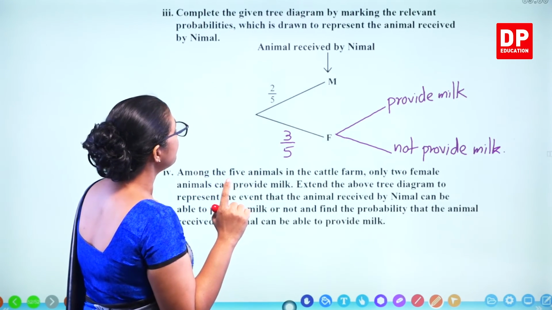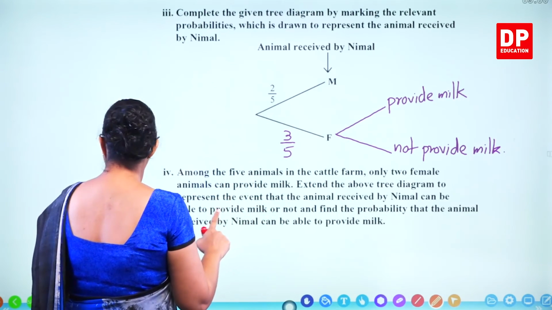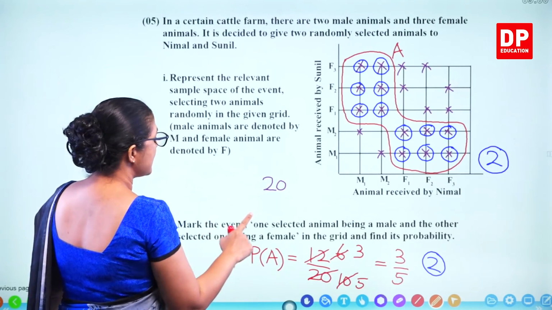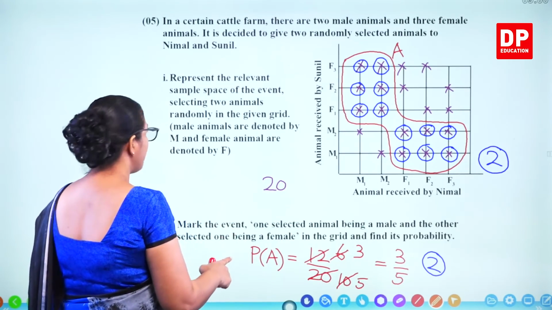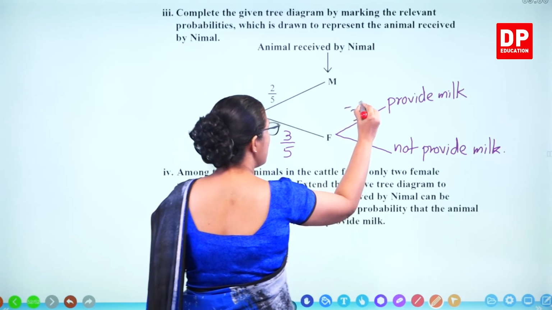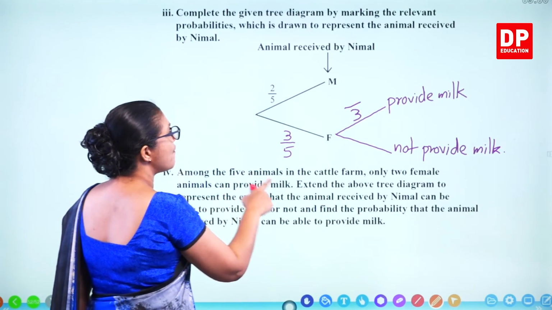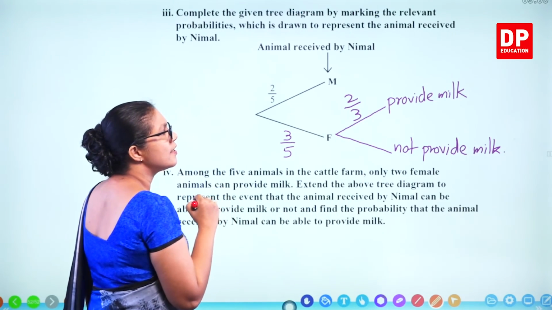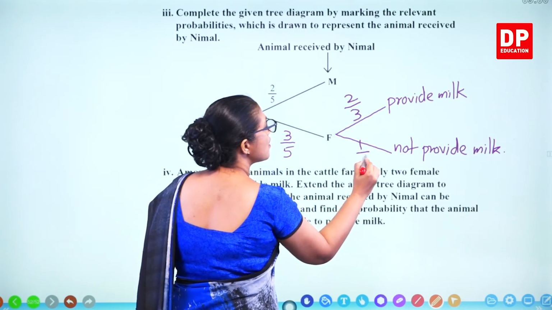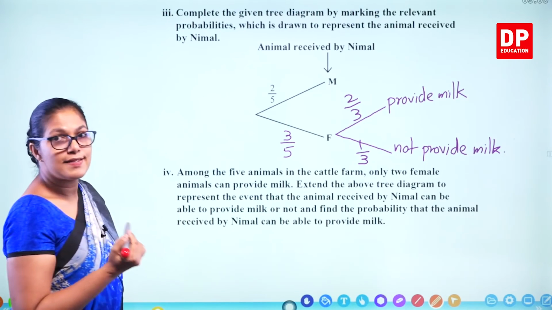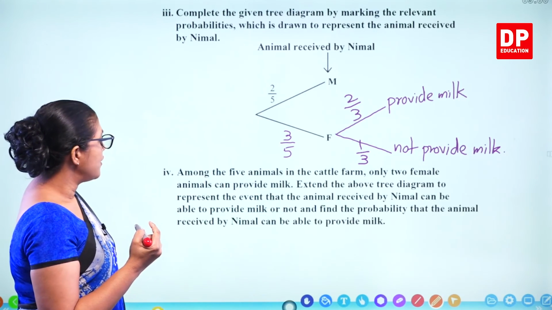So here out of 3 females, it says only 2 female animals can provide milk. So this is 2/3. So this becomes 1/3. So this is the diagram for this one.